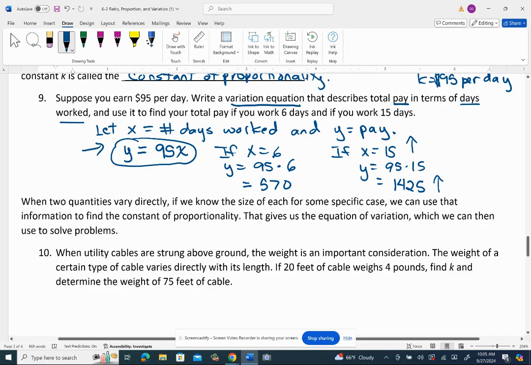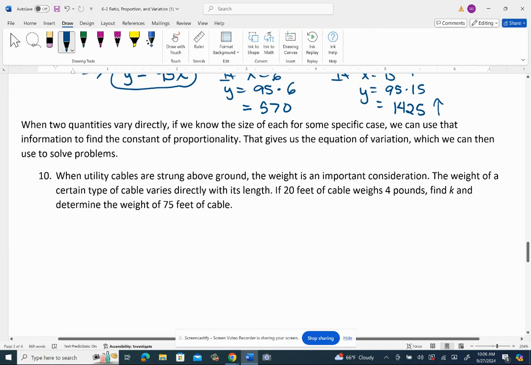Like with the $95 a day situation, we might not have known it was $95 a day, but we might have known how much money they earned for working 5 days, and we could have used that to come up with the constant of proportionality. That's the kind of thing that's going to be happening on question number 10.